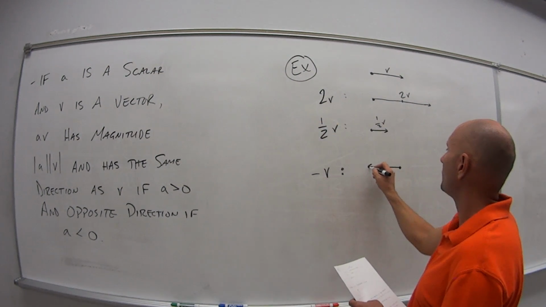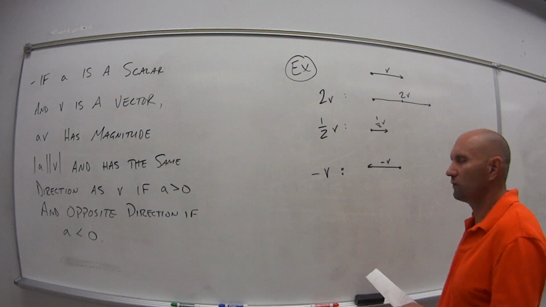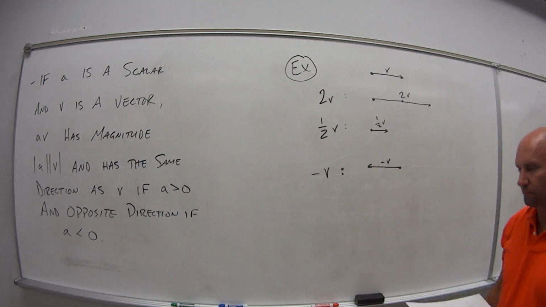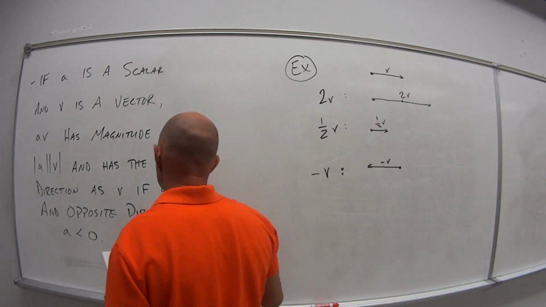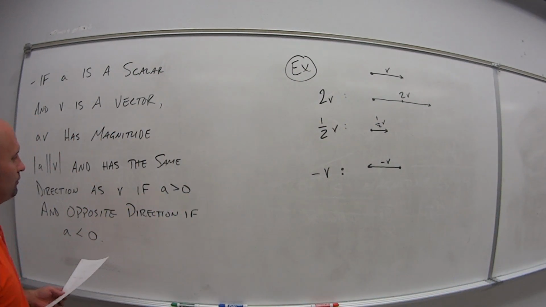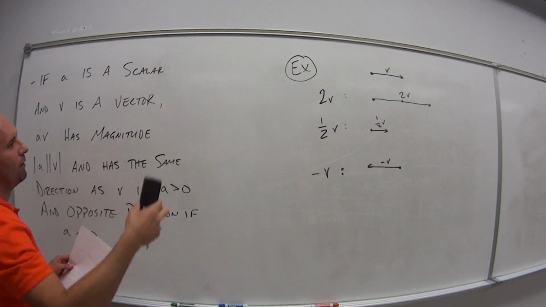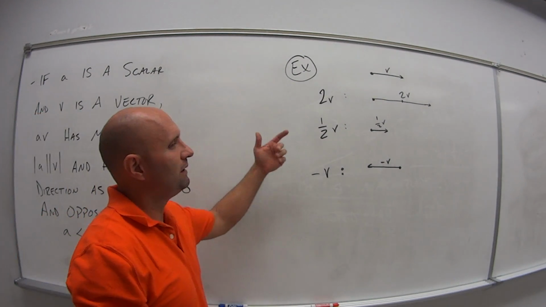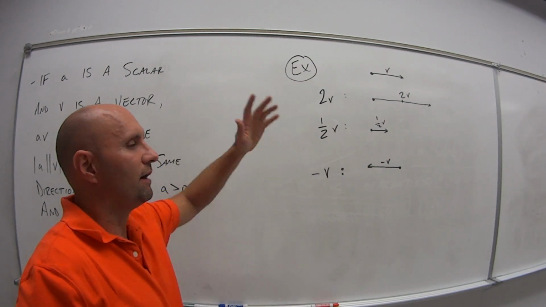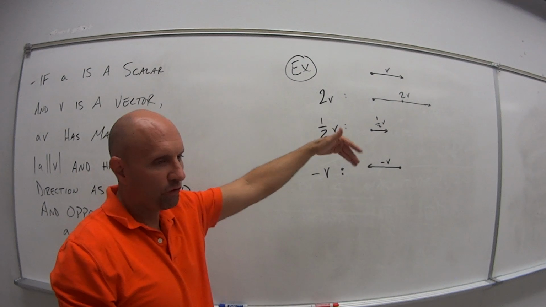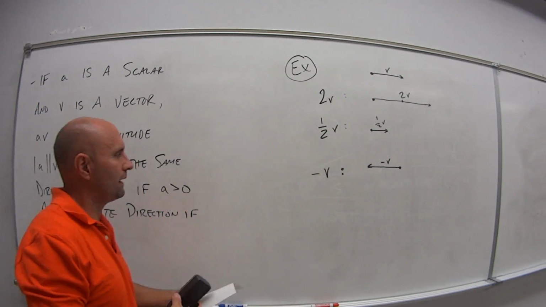So now I have something that looks like that for minus V. The wording may be a little confusing, but visually, 2 times a vector doubles it in that direction. 5 times a vector multiplies the length by 5, but keeps going the same direction.